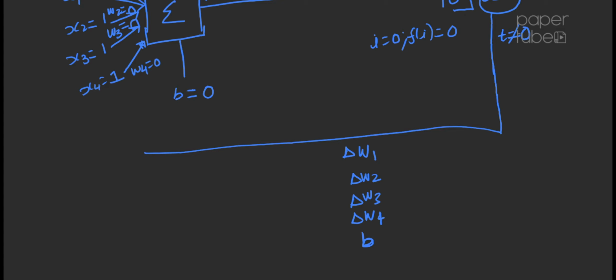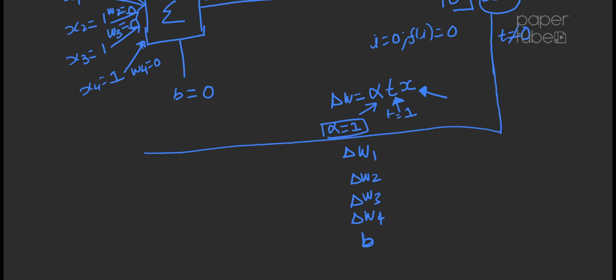The formula for change in weight is simple. It's just alpha multiplied by T multiplied by your input. Alpha is the learning rate. Let's assume the learning rate is equal to 1. T is your actual target value, in this case equal to 1, and X is your corresponding input.